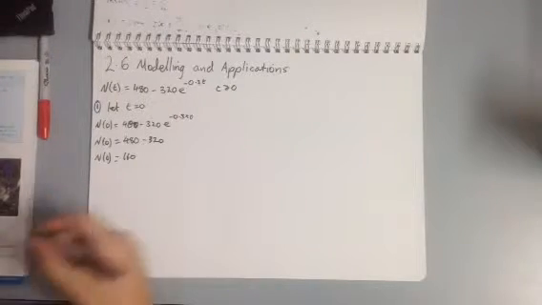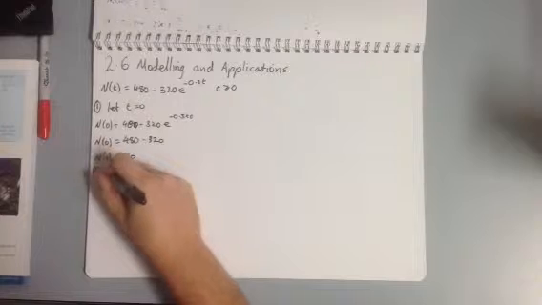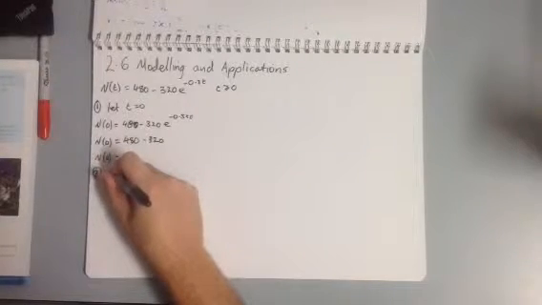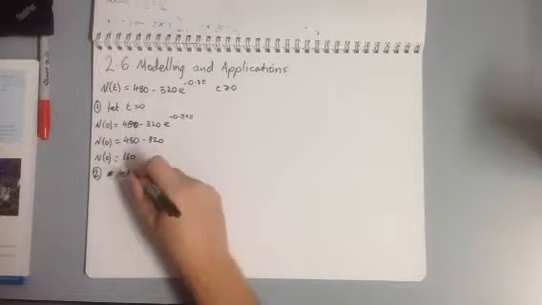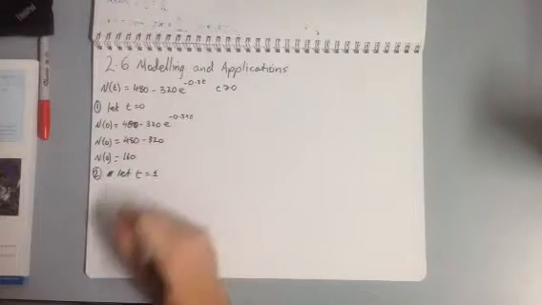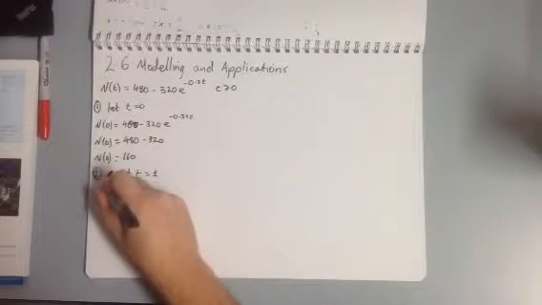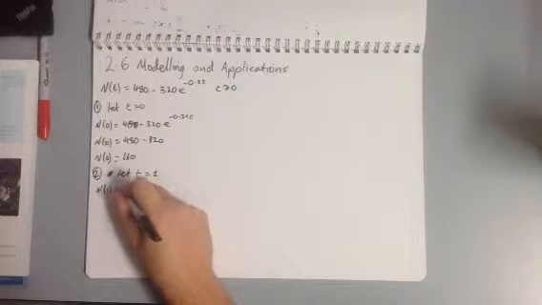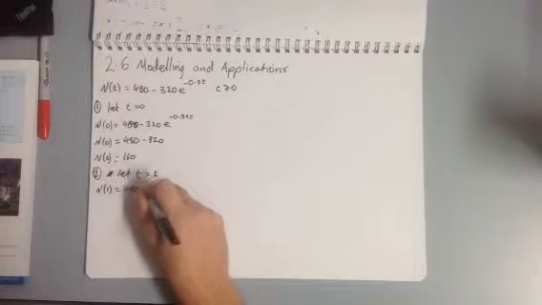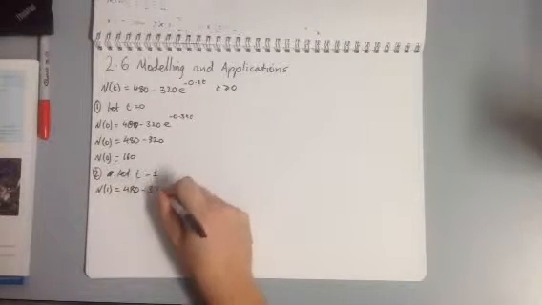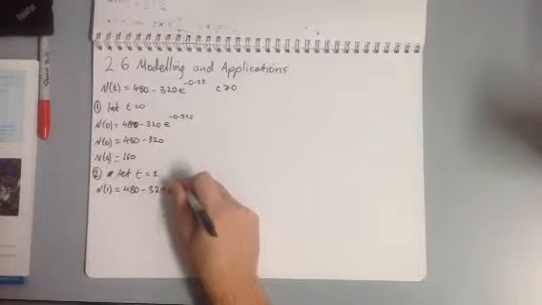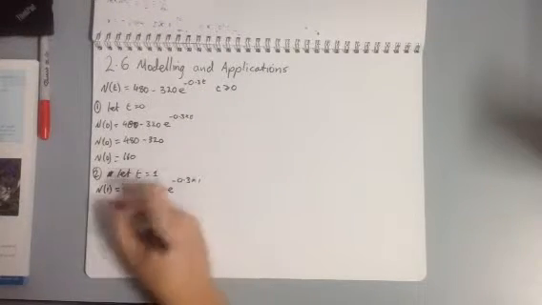Our next part is, by how many had the population of foxes grown at the end of the first year of observations? For this, after the first year we need to work out what n is when t equals 1, so we're going to work out n of 1. That's 480 minus 320 e to the negative 0.3 times 1.